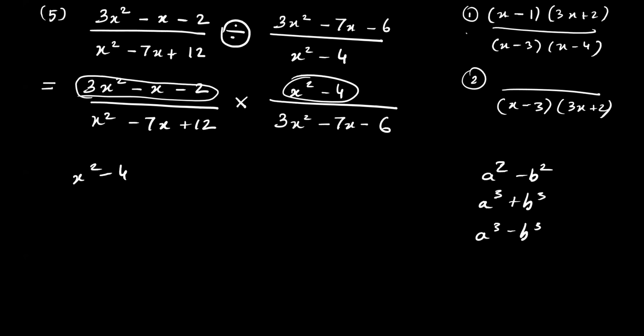No, a square minus b square. हाँ, बट उसके लिए दोनों square होना चाहिए. तो x square is a square है, 4 किसी का square है क्या? 2 square. What is the formula of a square minus b square? a bracket open a plus b bracket close, a bracket open a minus b bracket close. हाँ, तो यहाँ पे first a plus b की जगह पे क्या आएगा?